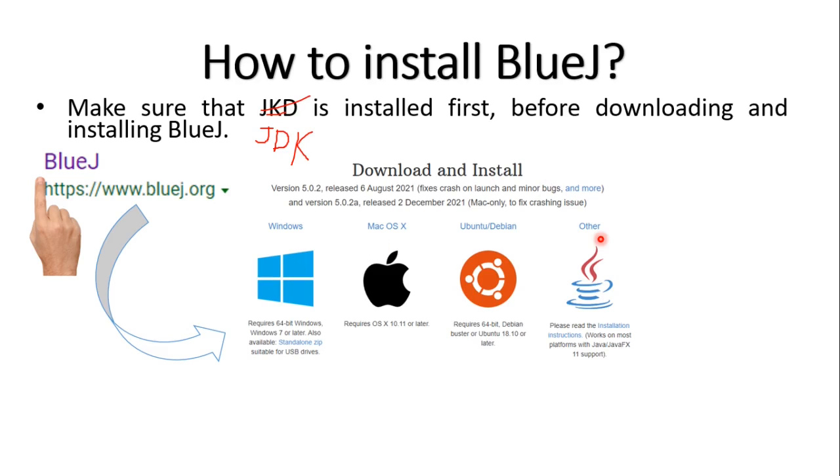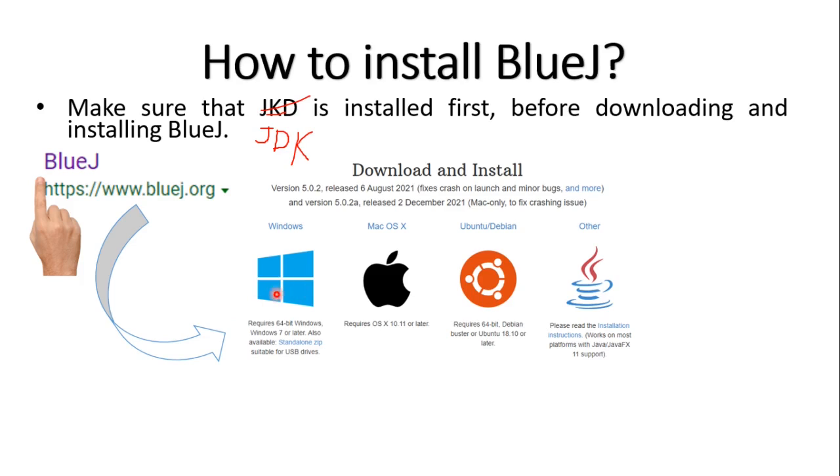Like I said, you have to select Windows if you're using Windows. If you're using Apple or Mac operating system, then you'll have to use Mac, or the open source, that is Ubuntu, Debian, or Linux, or any other operating system that you're using. So you have to select which operating system you're using, and based on that you will have to download it.